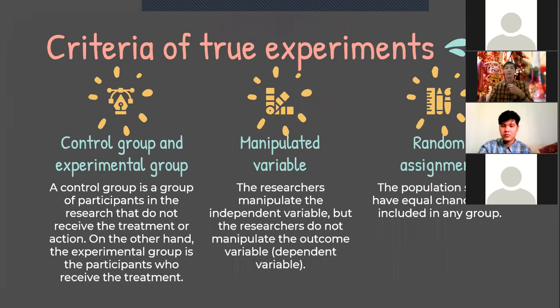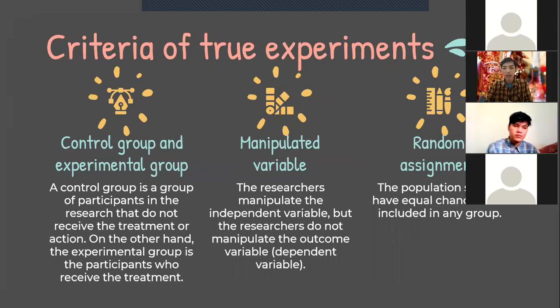True experiments have three criteria. The first one is control group and experimental group. A control group is a group of participants in the research that do not receive the treatment or action.